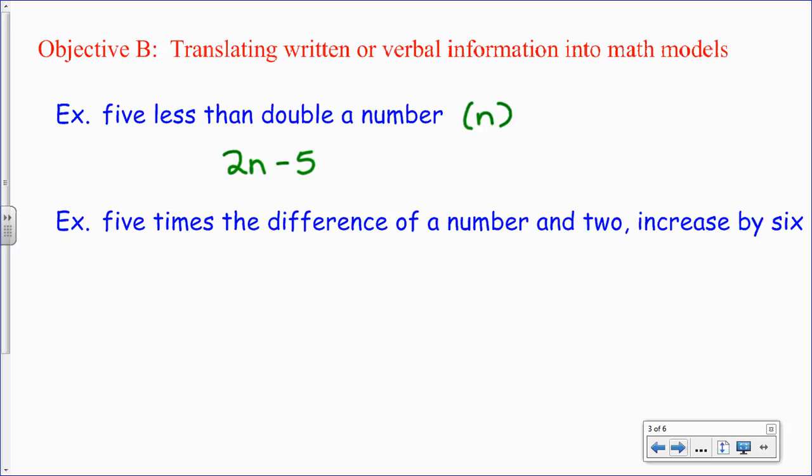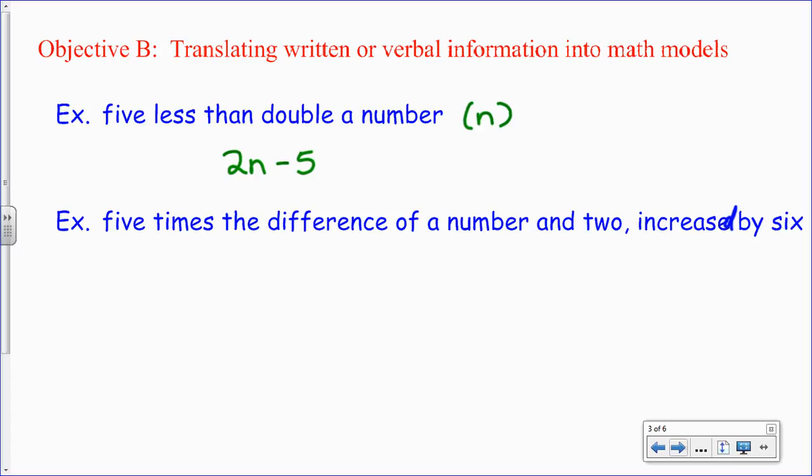Okay, look at the next one. Five times the difference of a number and 2 increased by 6. Okay, again, if our number is 10, what's the first thing we do to 10?